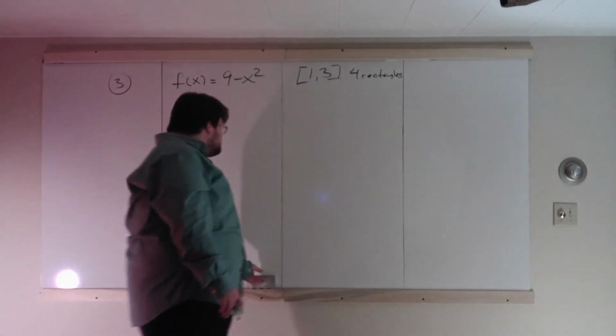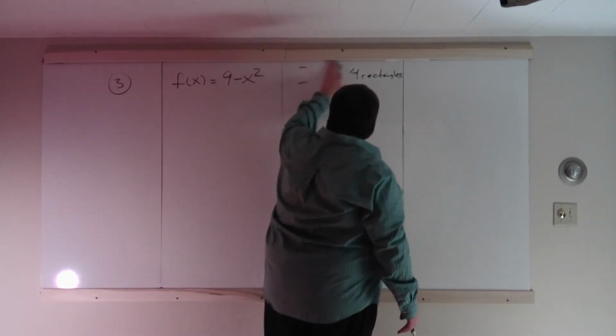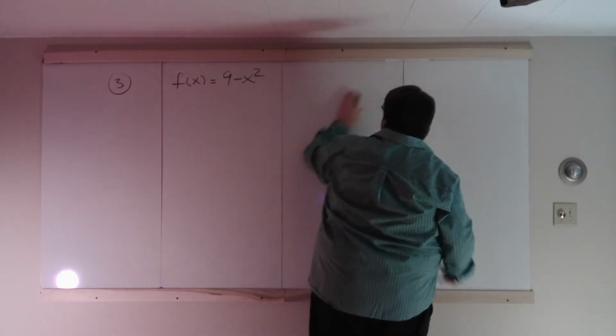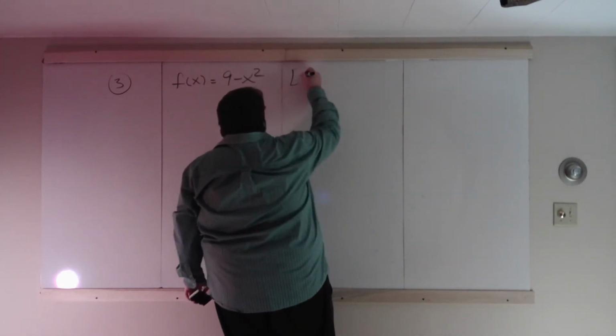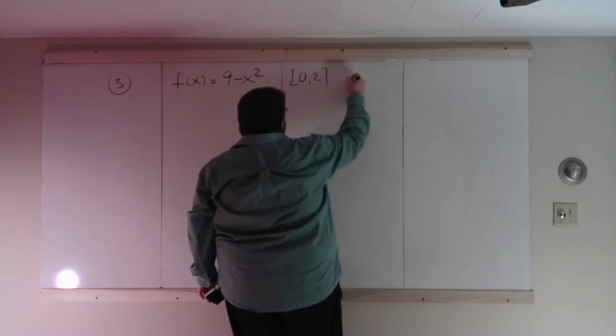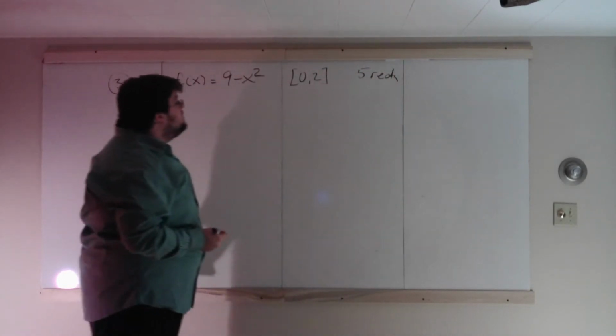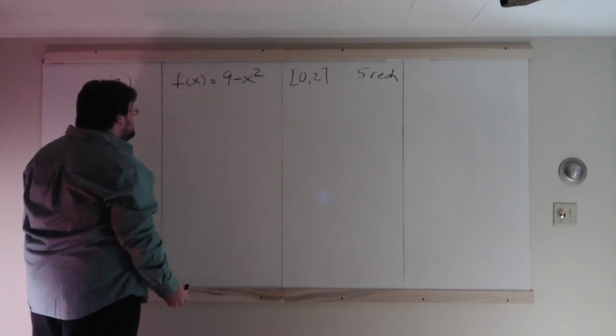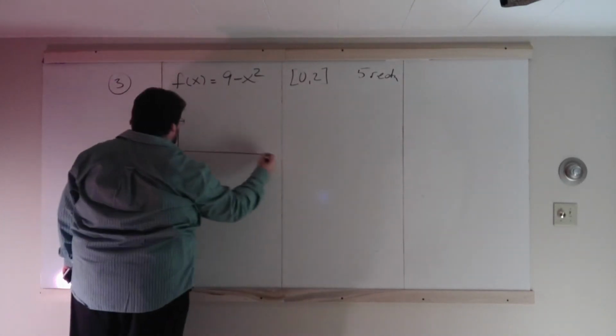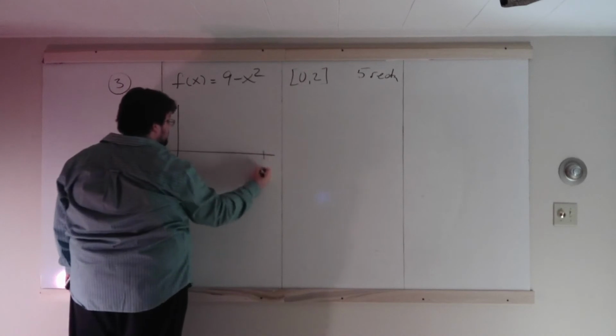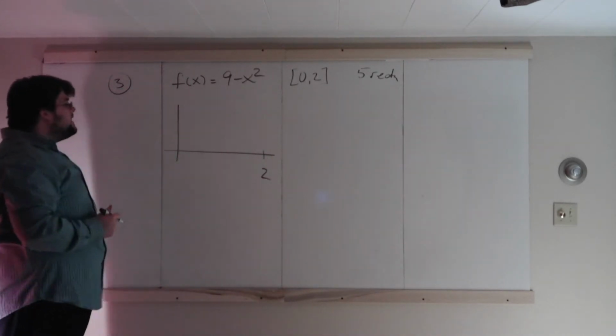Part B of this question says to set up 2 formulas for the area between the curve and the interval 0, 2 using 5 rectangles. Well, let's draw out this interval. So here's 0, here's 2. Well, we need to divide this into 5 pieces.